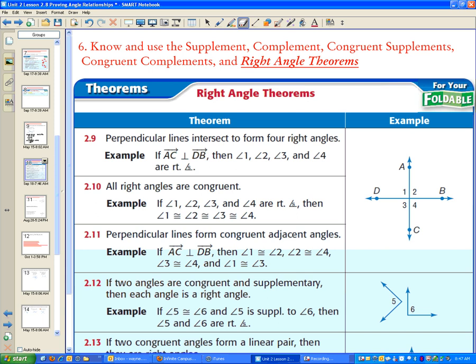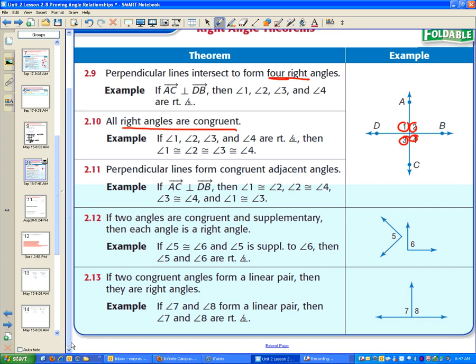Because in and of itself, that doesn't seem all that important, to know that the adjacent angles are congruent to each other, in that we've already said that all 4 of them are right angles and that all right angles are congruent. We already know all of these are congruent to each other. The first 2 theorems take care of that. So, I don't know, maybe we'll use that one later on to prove something else. We'll see. And by later on, I mean later on.